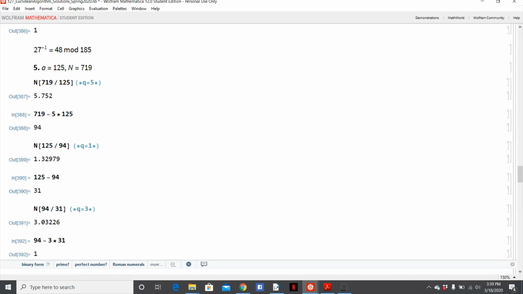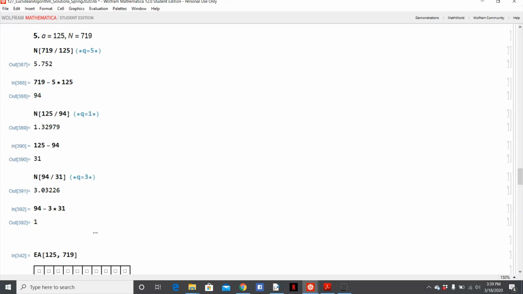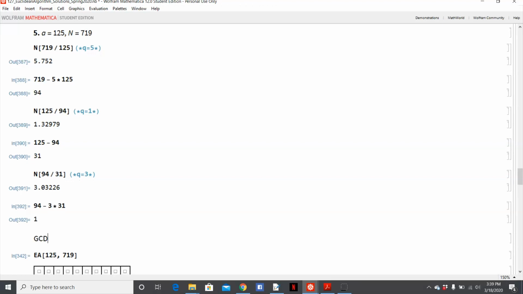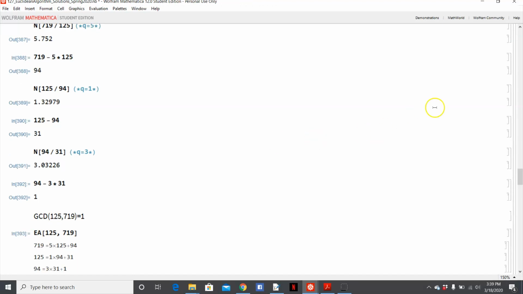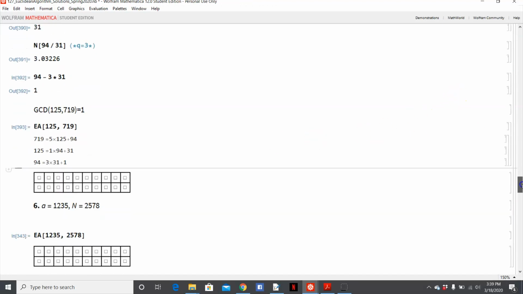So again, not surprising, we find that the GCD of 125 and 719 is 1. Okay, and again, just to make it look pretty, we get that. All right, so I can work out my Euclidean table.